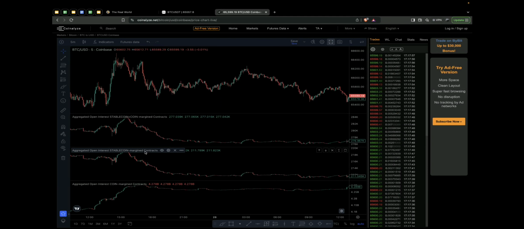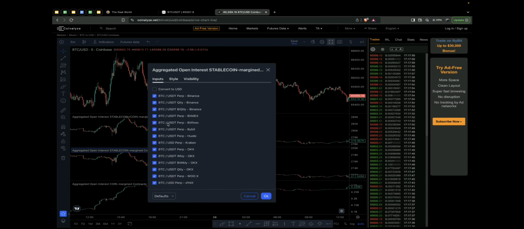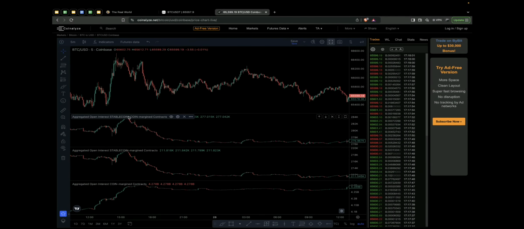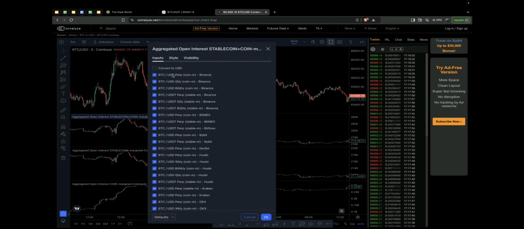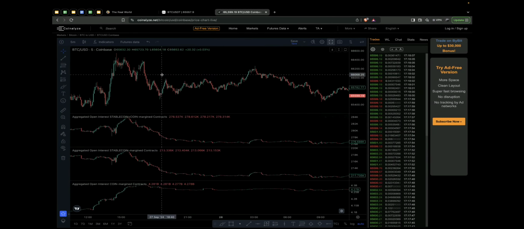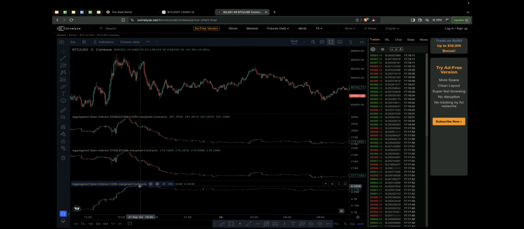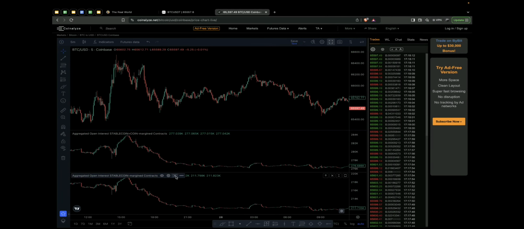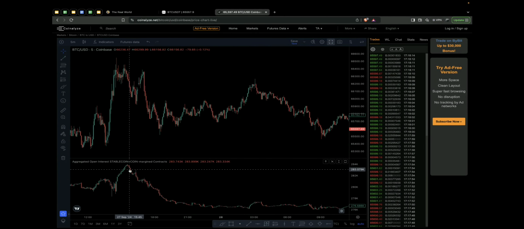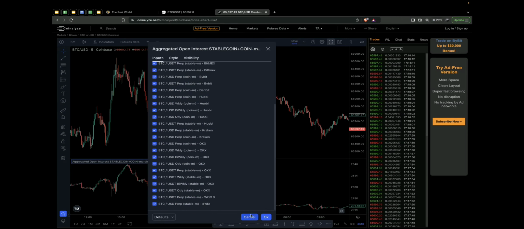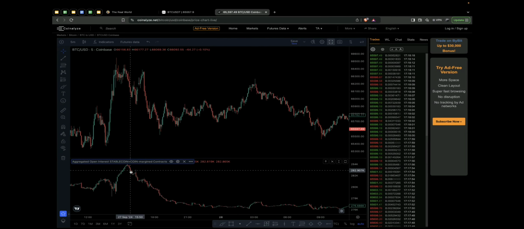So if you click into these, it'll show all the exchanges. The stablecoin ones are always USDT, and the coin margin ones are USD coin margin on those exchanges. If you're looking just at the aggregate, do aggregate open interest, stablecoin and coin. That's all of those exchanges together as an overall view.